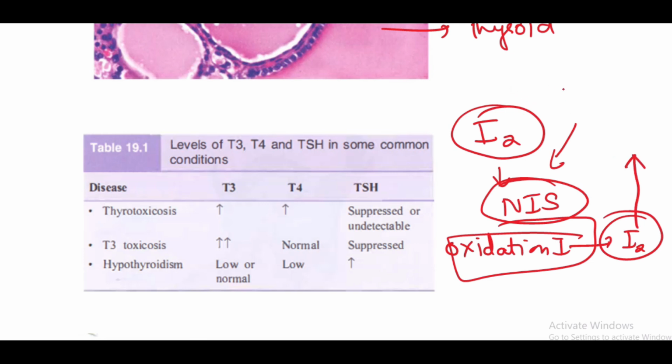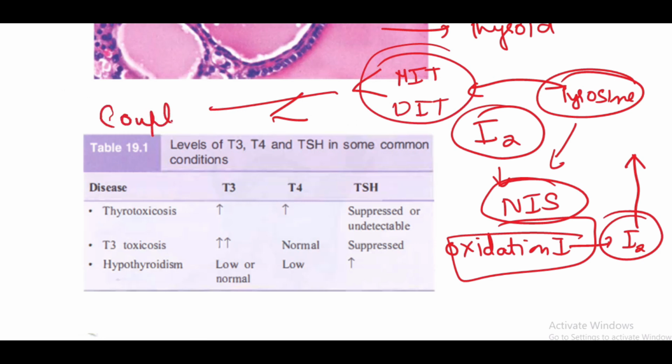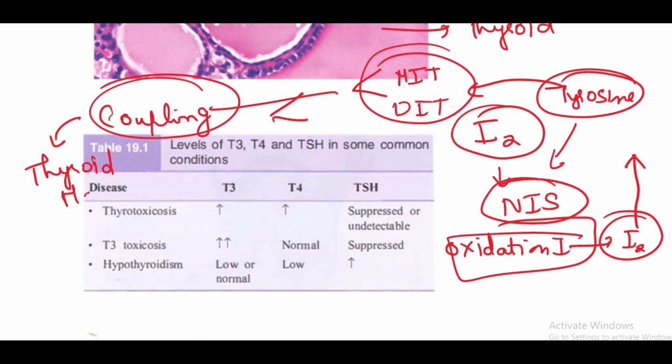This oxidized iodine binds to the amino acid tyrosine, that is a component of the protein thyroglobulin. This iodination produces two products, monoiodotyrosine and diiodotyrosine. These undergo a coupling reaction to form the thyroid hormone.